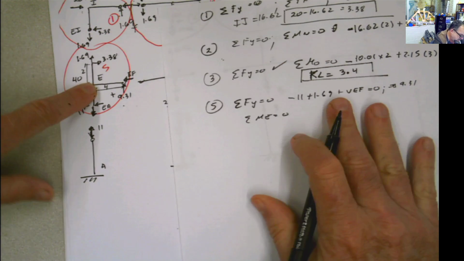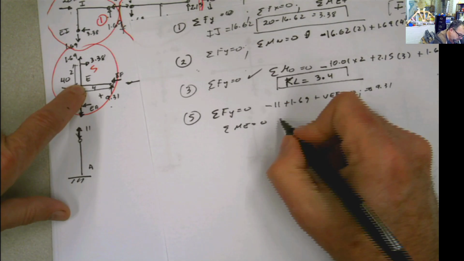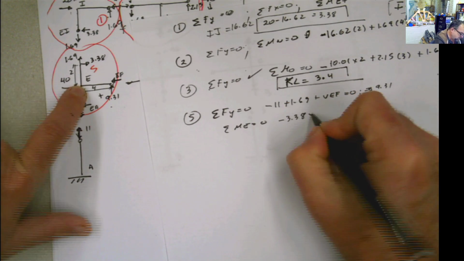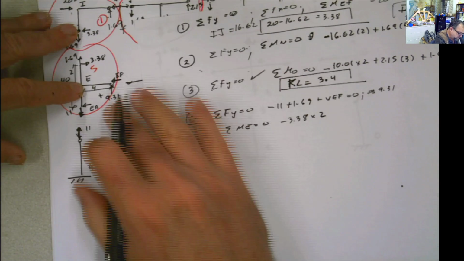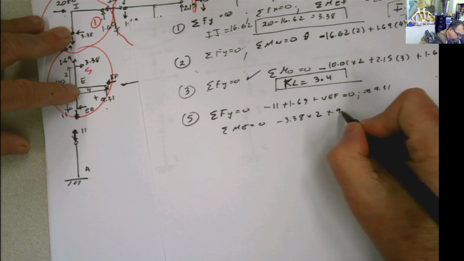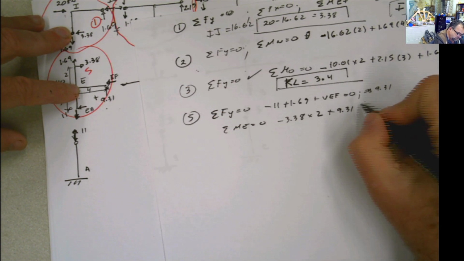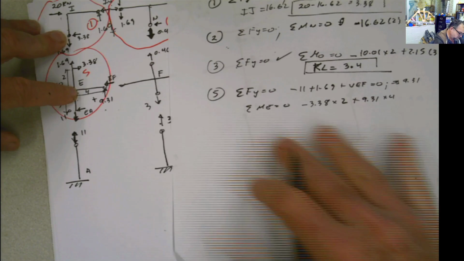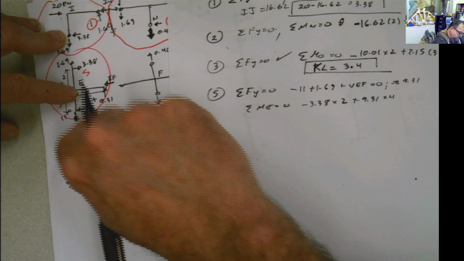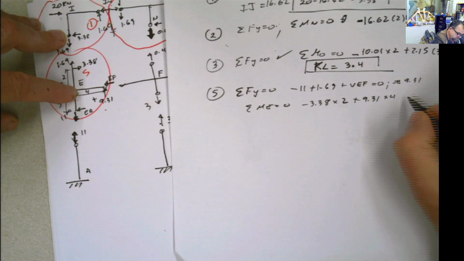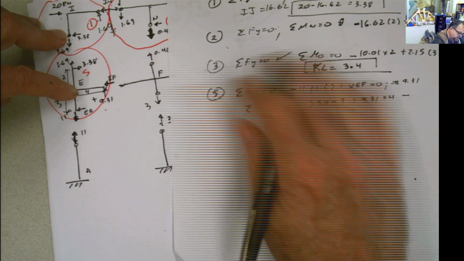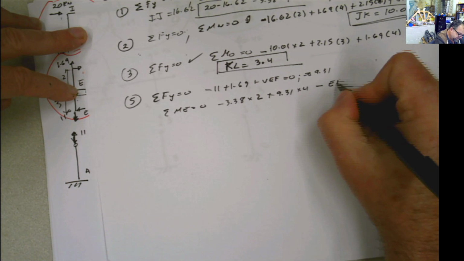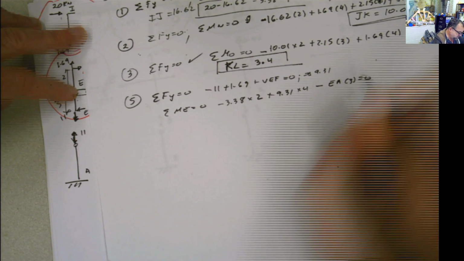So if I do moment here, we're going to have 3.38 multiplied by 2 plus 9.31 multiplied by 4. This one passes through the point. Minus EA multiplied by 3 equals 0.